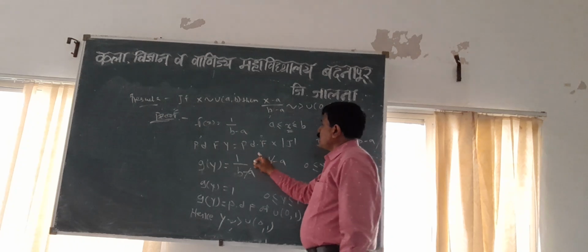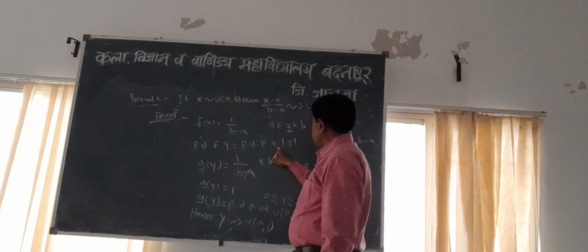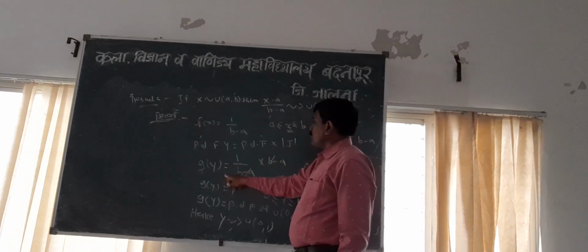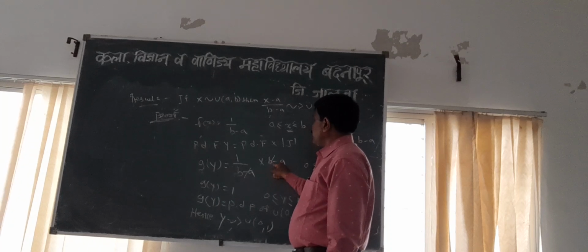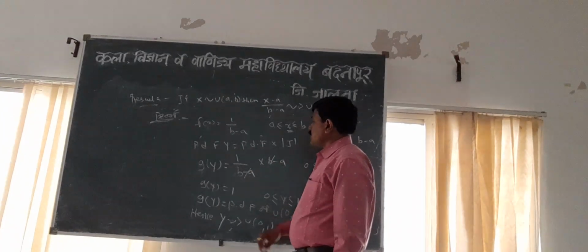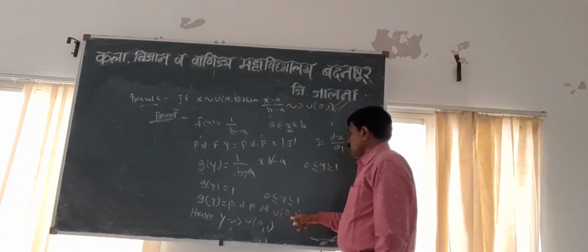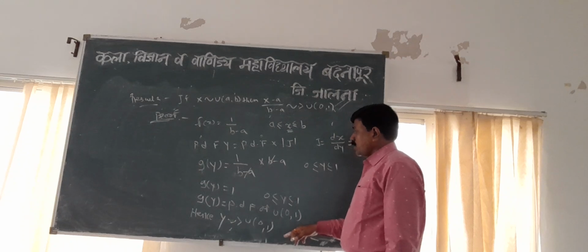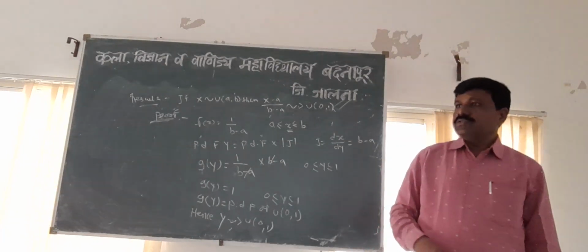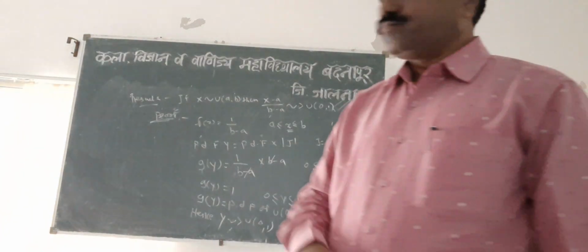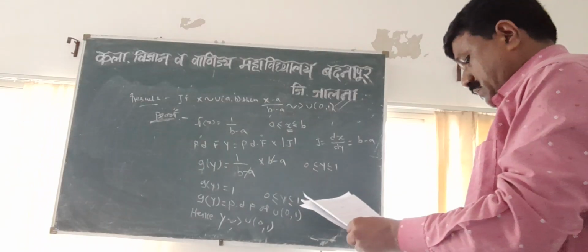Putting this value, g of y equals 1 by (b minus a) into (b minus a); b minus a cancels, so the probability density function equals 1, and hence y follows the uniform distribution with interval 0 to 1. Here we have proved the second result.